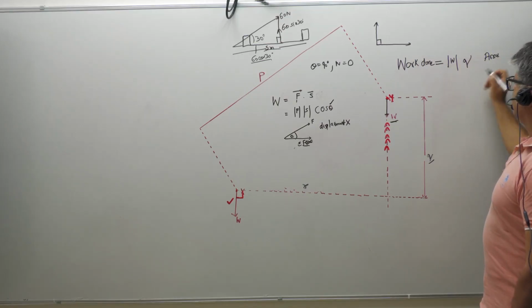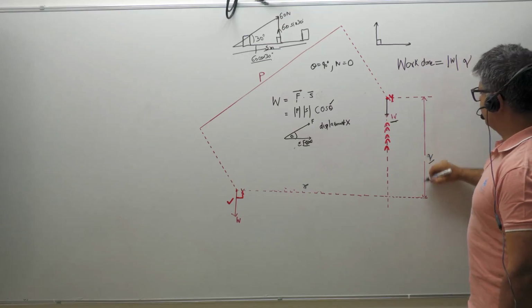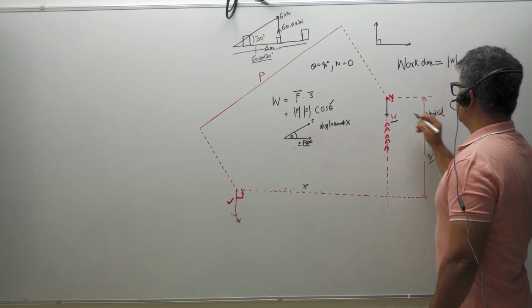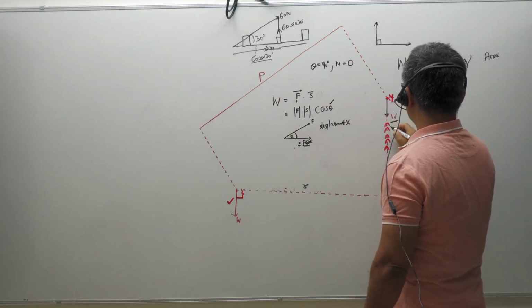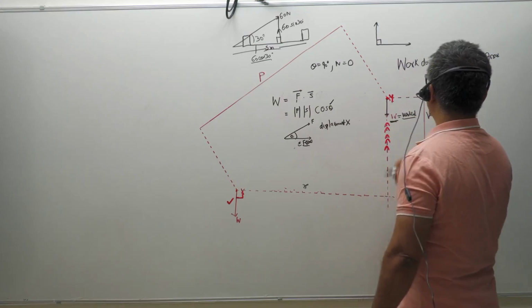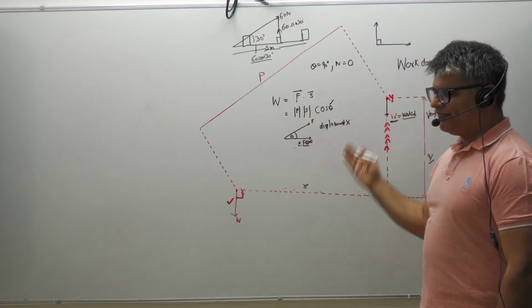This is because q is in the vertical direction, and the weight w is also vertical, right?